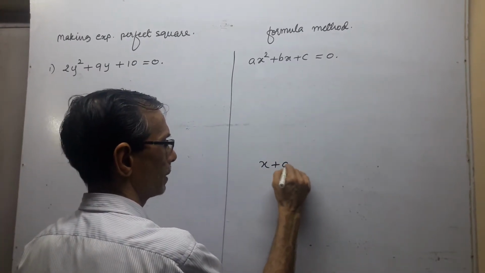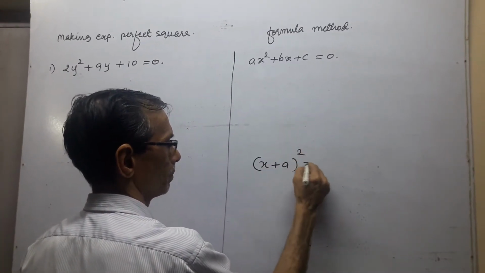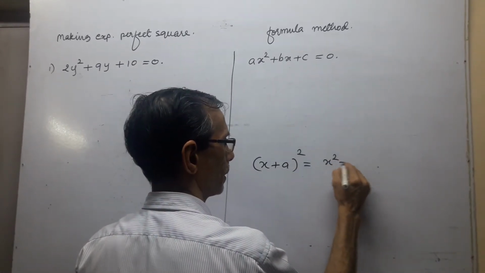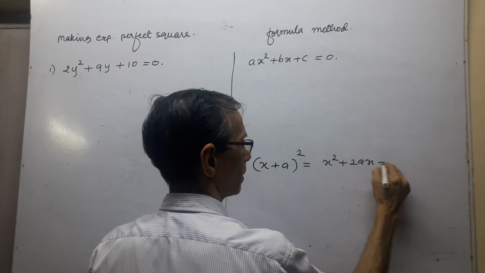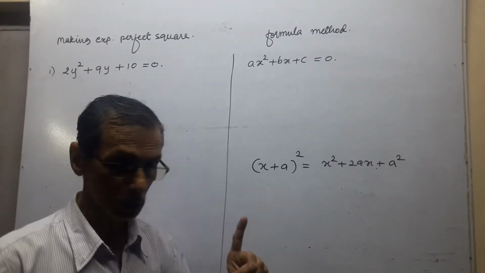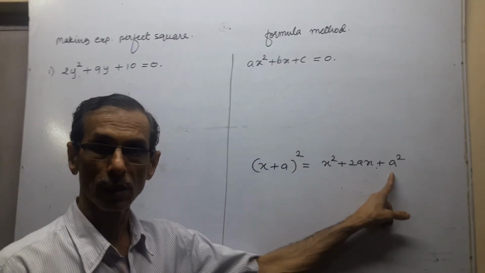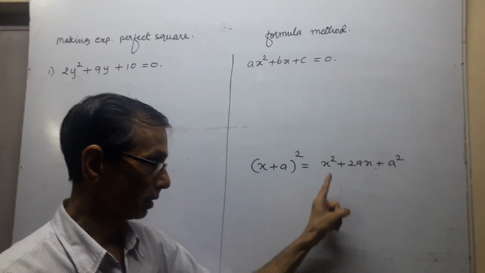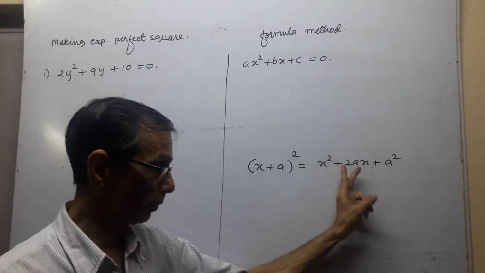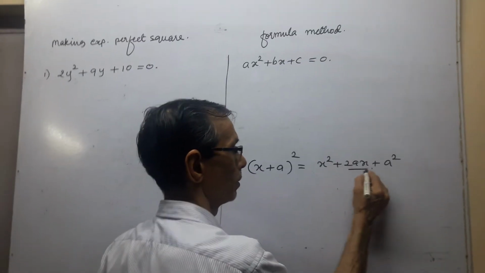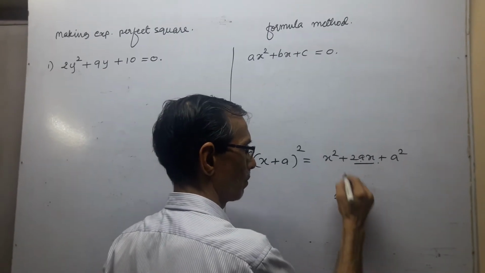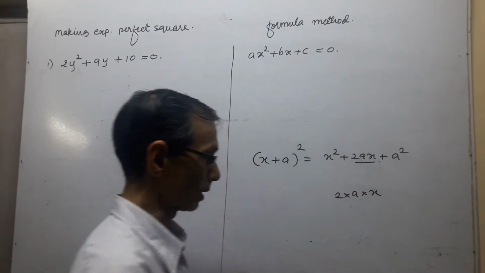If it is given (x plus a) whole square, then the expansion is x square plus 2ax plus a square. Now in a perfect square expression, there must be three terms, of which two terms must be perfect squares, and the middle term should be 2 into the square root of the first term into the square root of the third term.